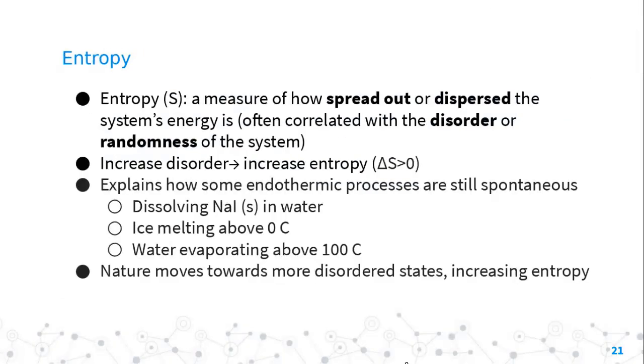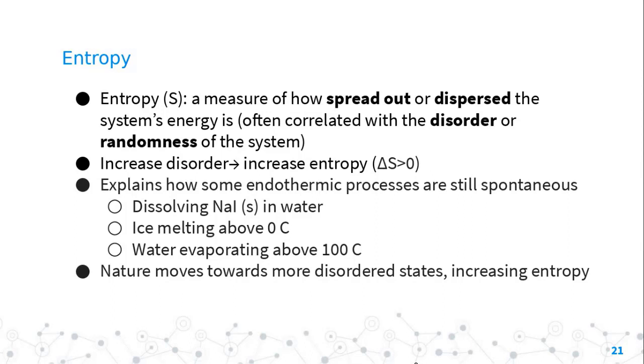So entropy is defined as a measure of how spread out or dispersed the system's energy is, and this is often correlated with the disorder or randomness of the system. And so you can say that if you increase the disorder, you're increasing the entropy of the system, which would be represented as delta S, because entropy is represented with S. So this can explain how some endothermic processes are still spontaneous, because if you remember from either the beginning of this class or the end of Gen Chem 1, you talked about delta H being enthalpy, exo and endo.